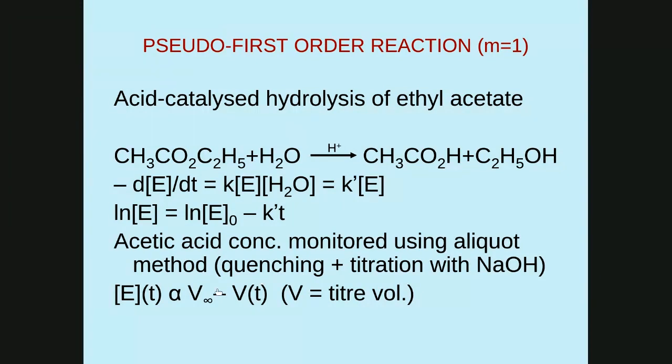Now V at infinity, there you have lost all the ethyl acetate that you started off with. So V infinity is a direct measure of the initial concentration of this ethyl acetate. Vt tells you the rest.